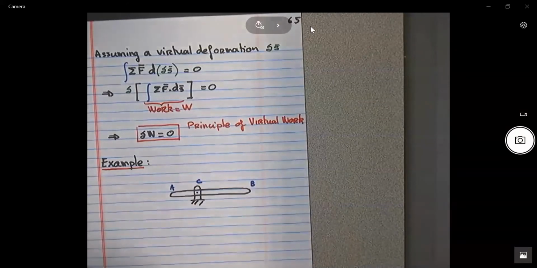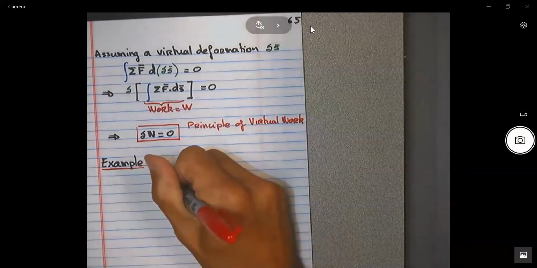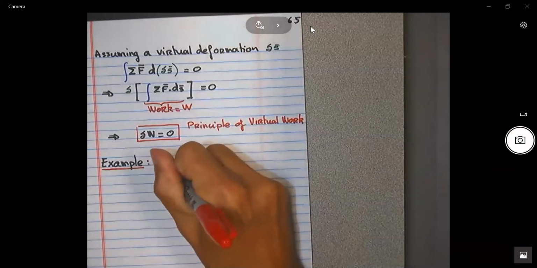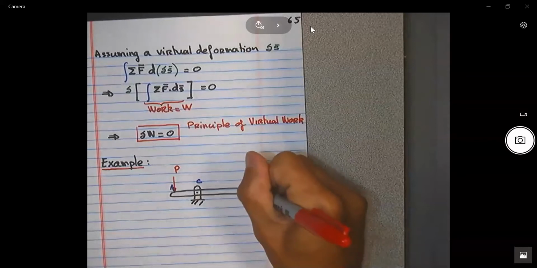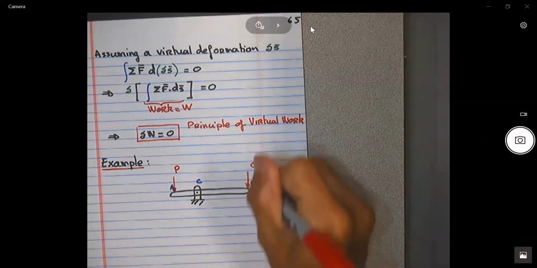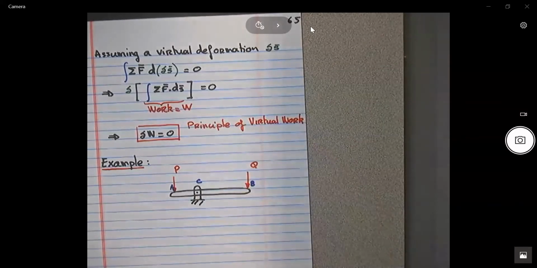There's a force P here, and a force Q over here.